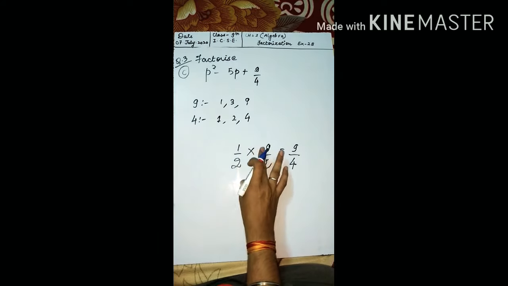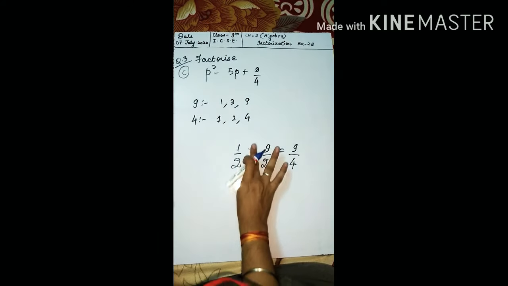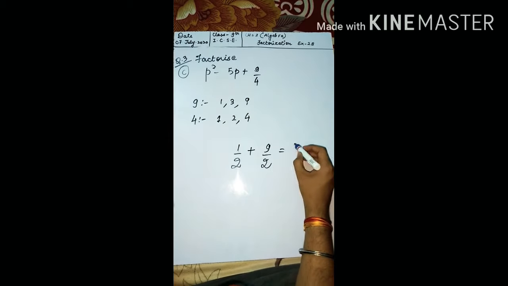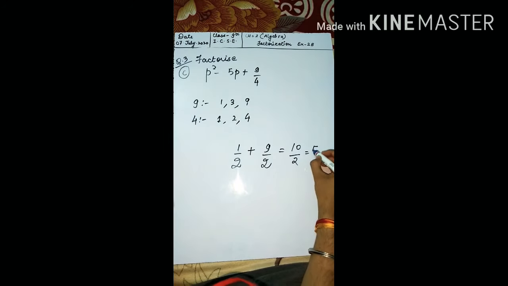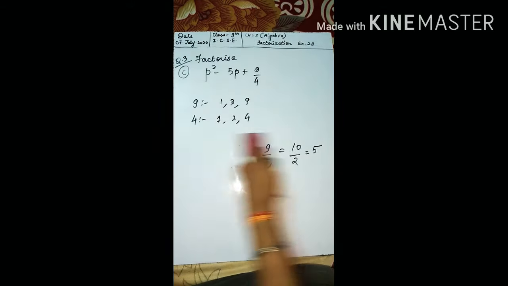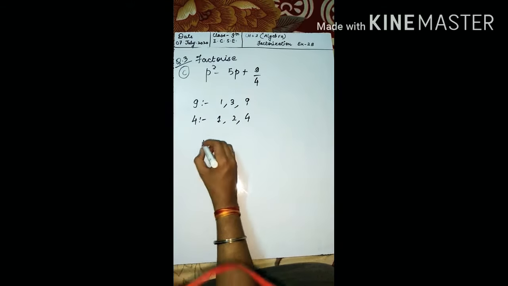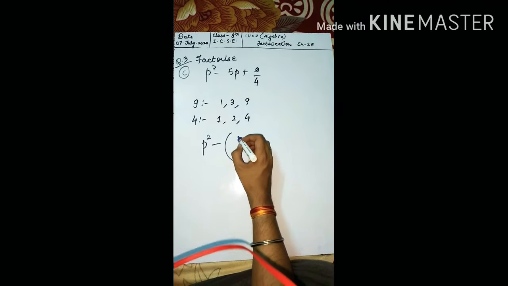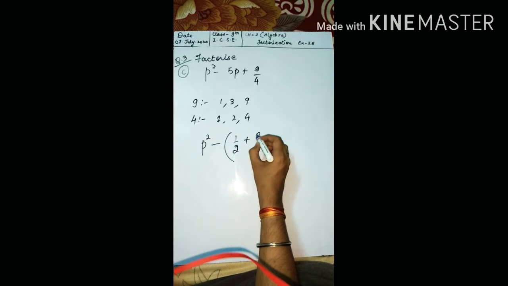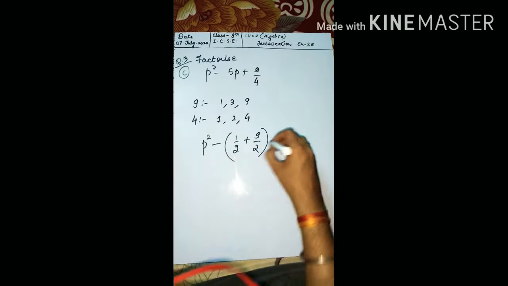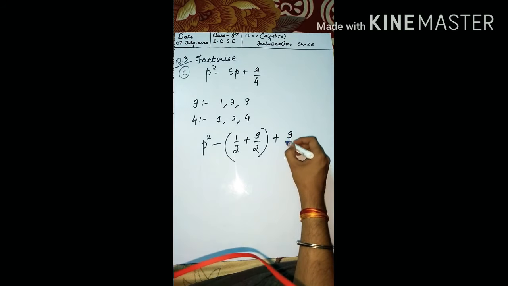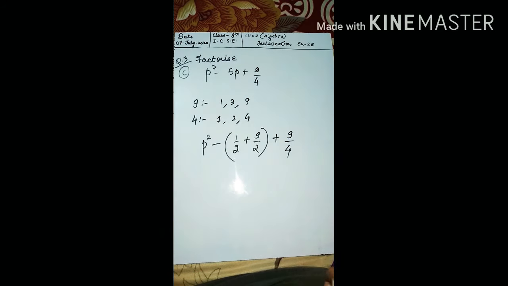And if you add it, you will get 10 upon 2, which is what? 5. We got 5 as the answer. Okay, so let us write x square minus, in place of 5, what will we write? Half plus 9 by 2, plus in place of 9 by 4, keep 9 by 4 as it is.